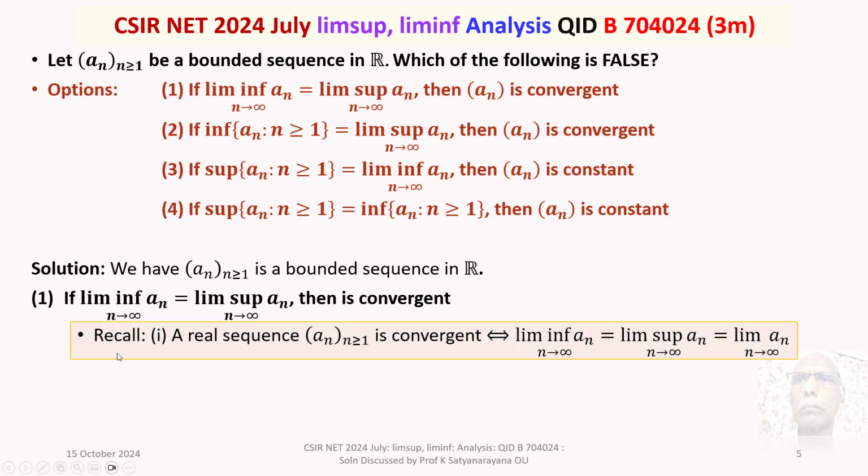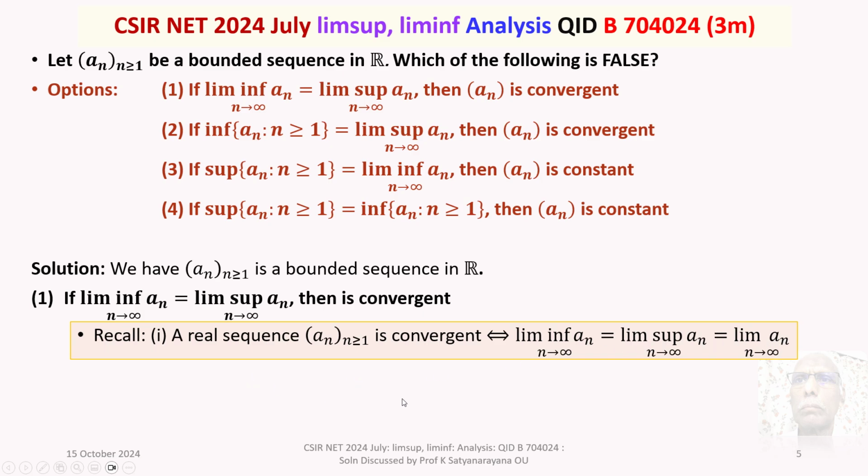Let's now recall a result. We call it result 1. A real sequence (a_n), n greater than or equal to 1, is convergent if and only if limit inferior a_n is equal to limit superior a_n, which is equal to the limit as n tends to infinity of a_n.